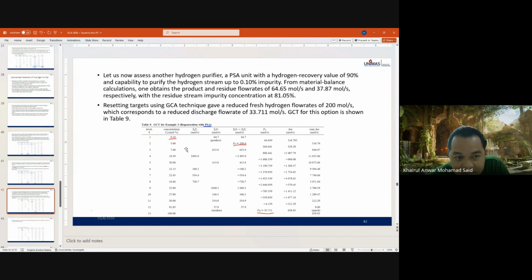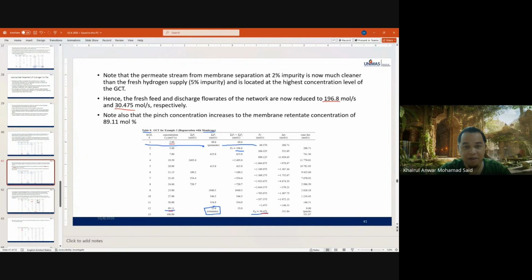You see here, once they do another calculation after the purification, with the residue replacing the 102, the pinch occurs at level 12, but the required fresh hydrogen is actually higher compared to the membrane.